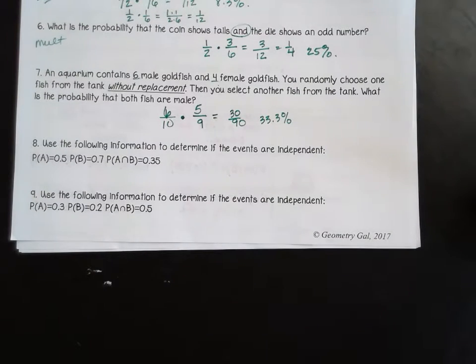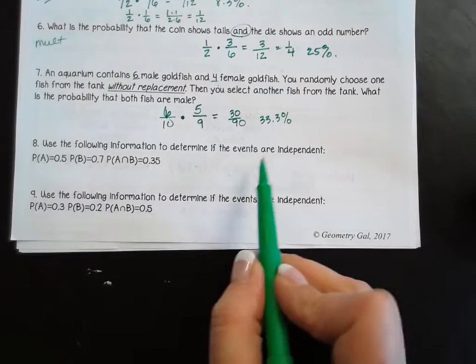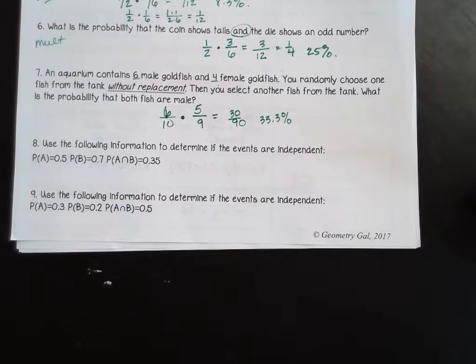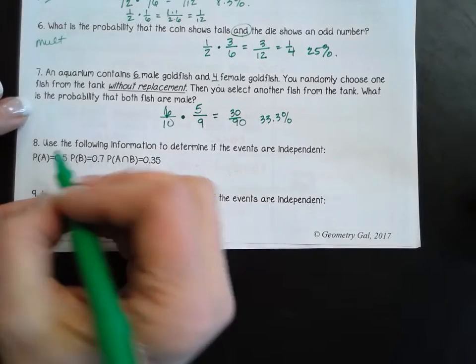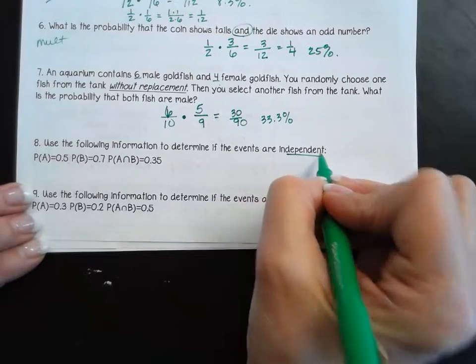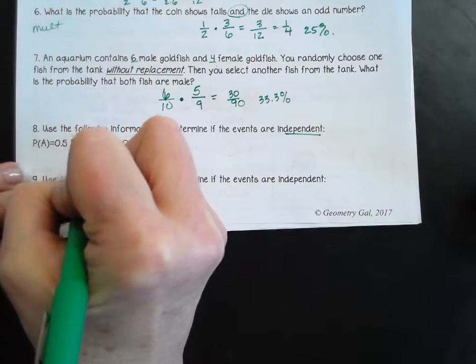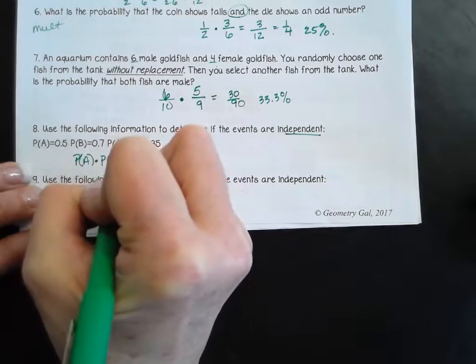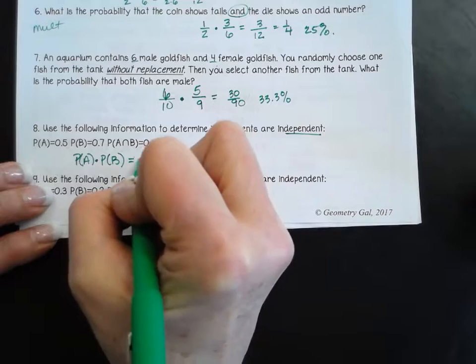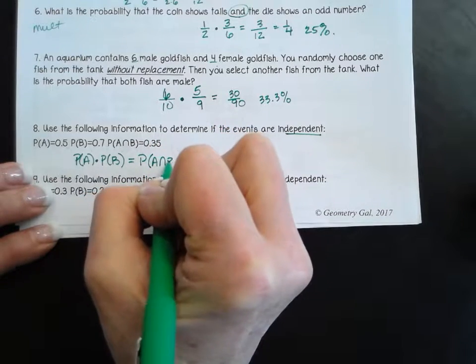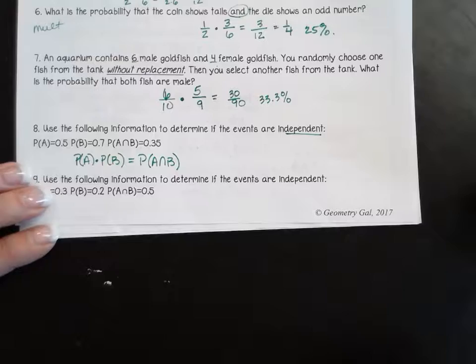Okay, so let's think about what we have. If they're independent, that means they don't affect each other, right? So to see if they're independent, multiply, follow your rule, to see if you get the same thing.